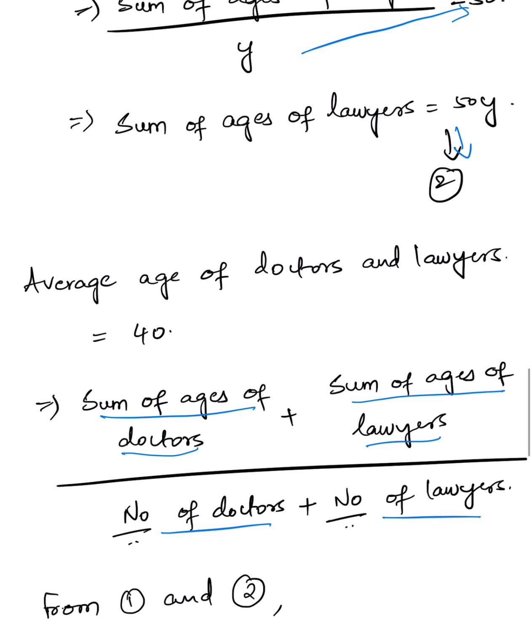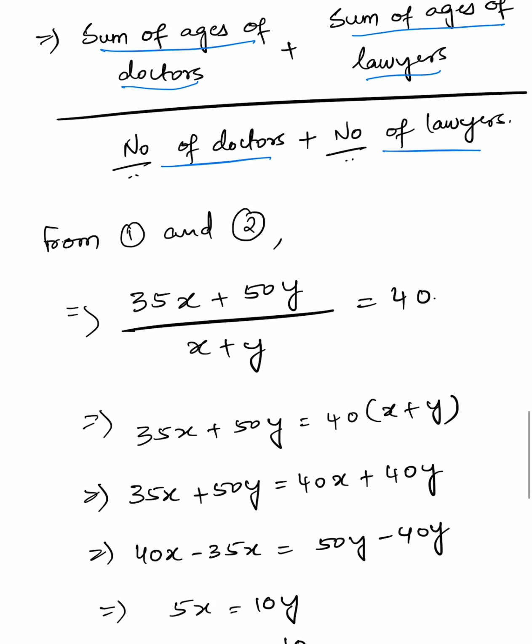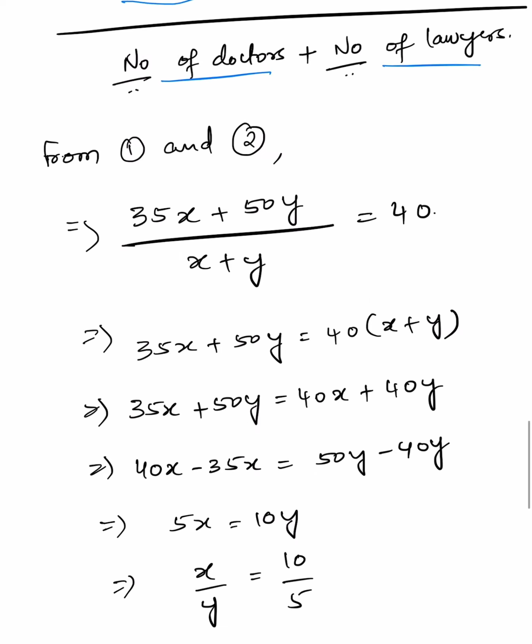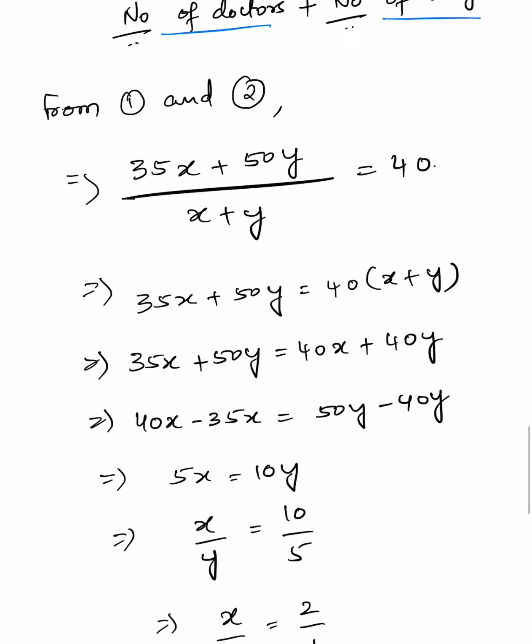Similarly, sum of ages of lawyers from equation 2 is 50y. So, 35x plus 50y by x plus y is equal to 40. So, we cross multiply. 35x plus 50y equals 40 into x plus y.